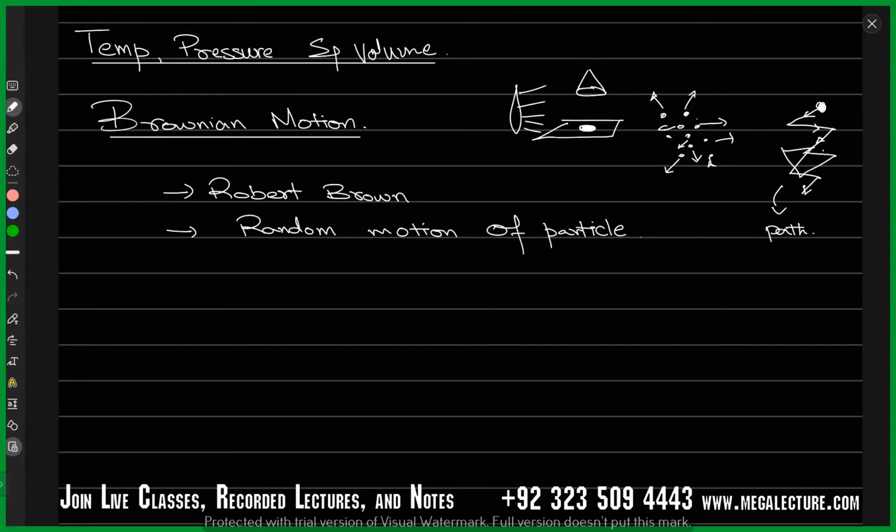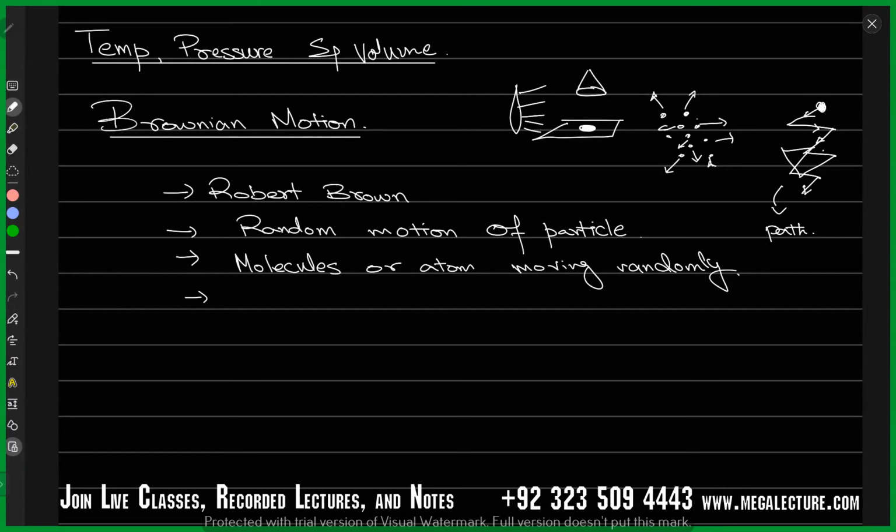So this Brownian motion is then the molecules moving randomly. You can say molecules or atoms moving randomly. And why do they move randomly?